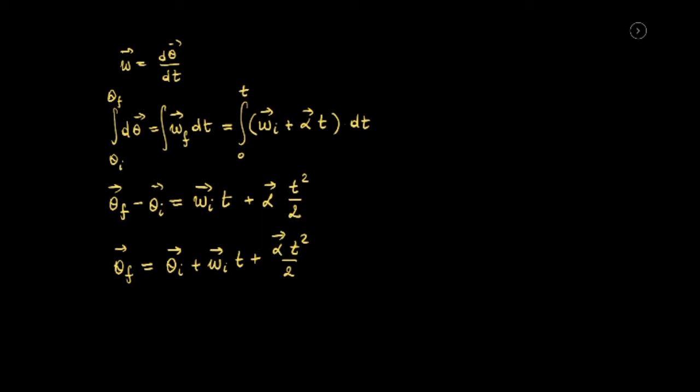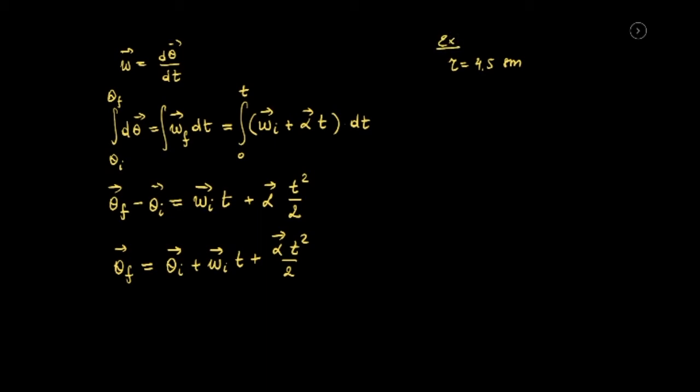The whole system is initially at rest, and the fishing line unwinds from the reel at a radius of 4.5 centimeter. So r is equal to 4.5 centimeter.